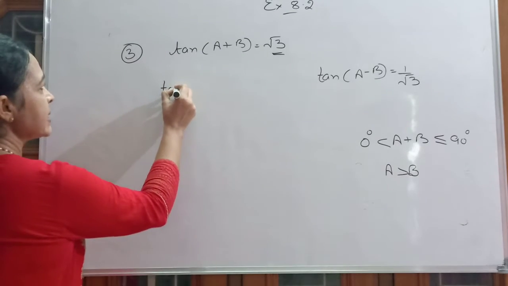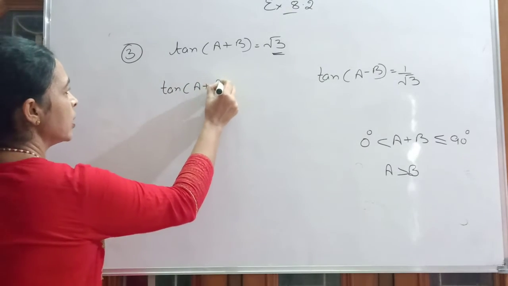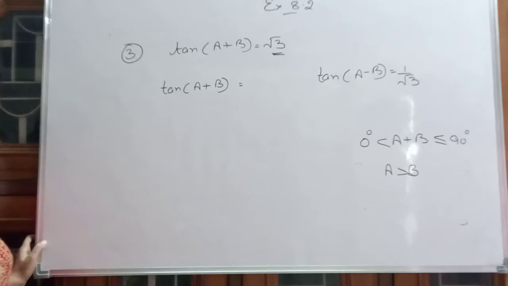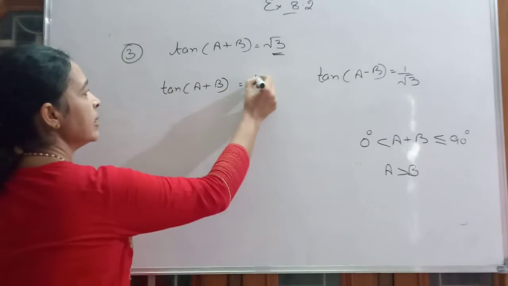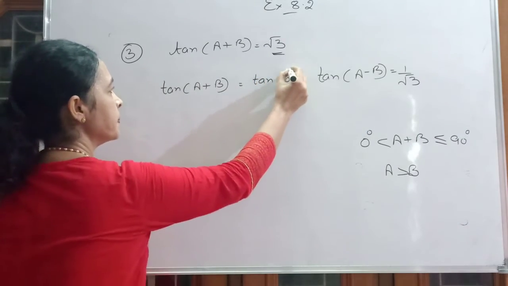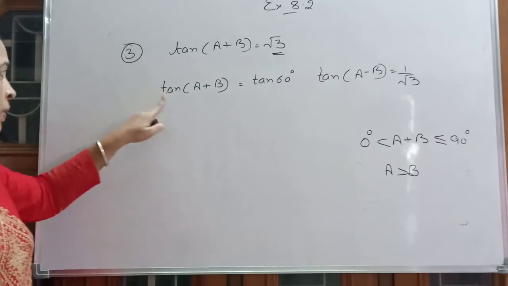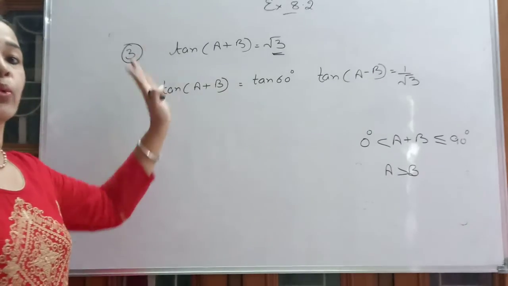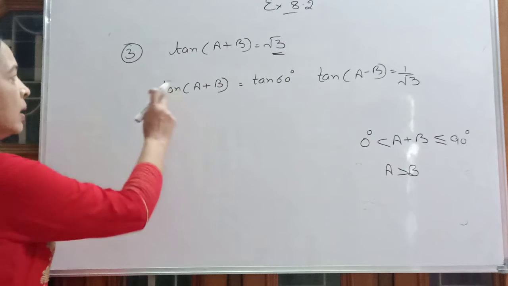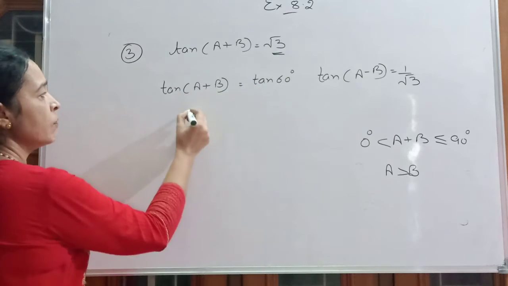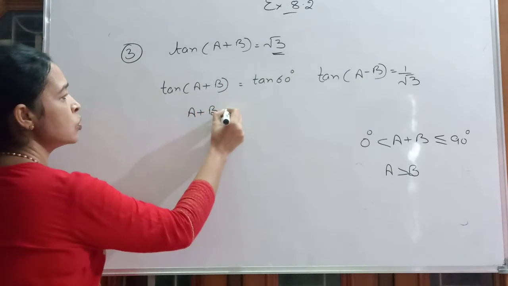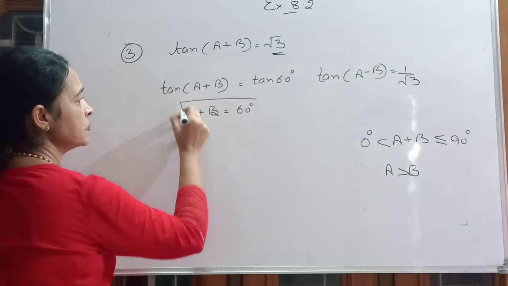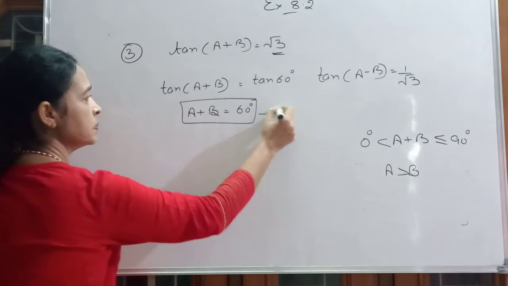We can write it as tan A plus B. Root 3 can be written in the form of tan as tan 60 degree. Clear? Now we won't cut this tan and tan. We will equate these tans. Equating both the tans, we will get A plus B equals to 60 degrees. Take it as first equation.